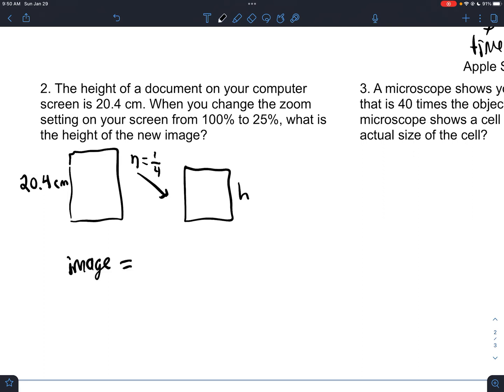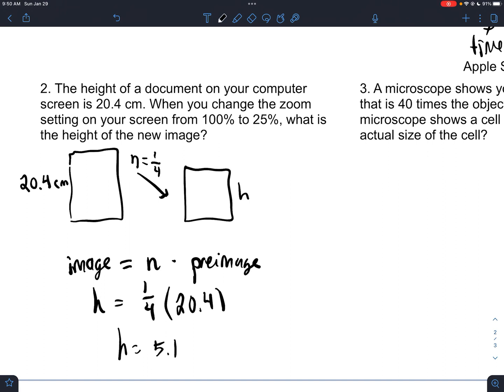So if the image length is n times the pre-image, where n is the scale factor, the image was the result of changing that setting. So the image length I care about is h. Scale factor looks to be 1/4, and the pre-image to start with was 20.4. So the new height should be 5.1 centimeters.